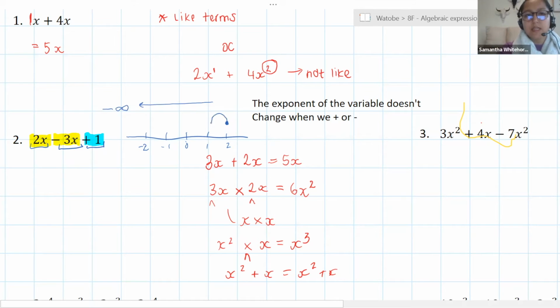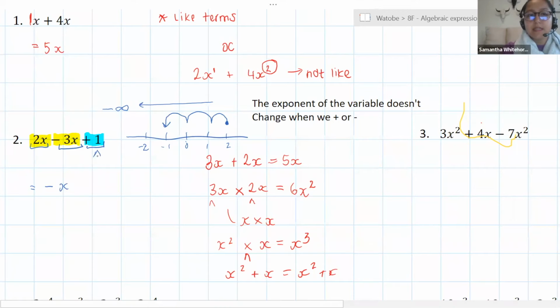So to take away 3, I just do 3 bunny hops in the negative direction and we get our answer. If I've got 2x and I take away 3x, I'm left with negative 1x. You can write the 1 there if you want, but if you just want to write a negative x, that's absolutely fine, completely up to you.